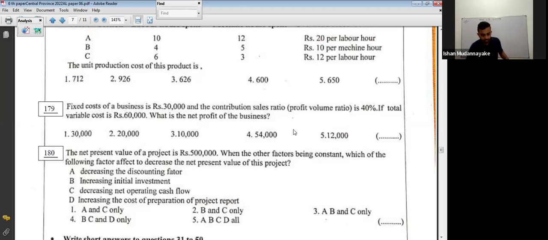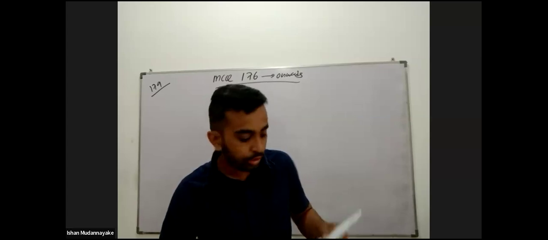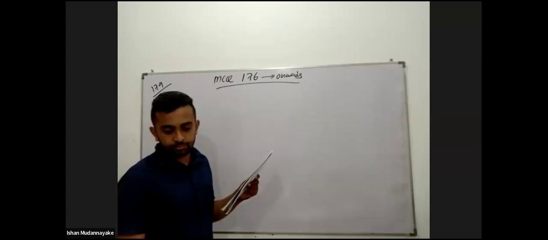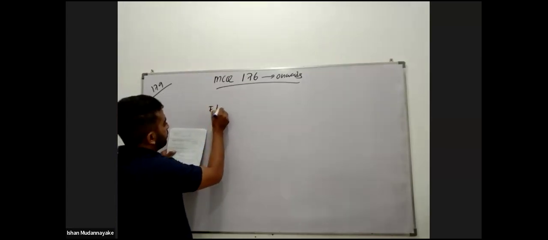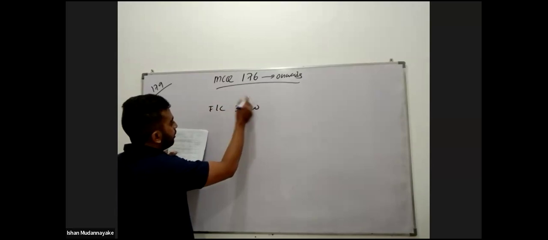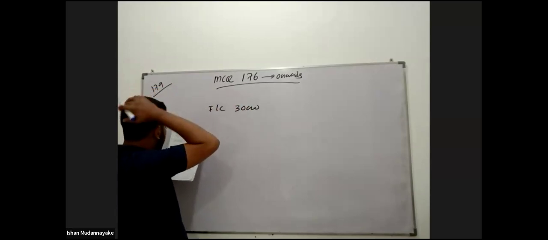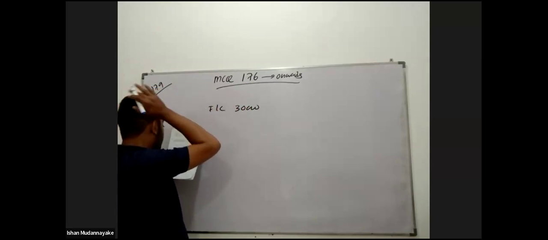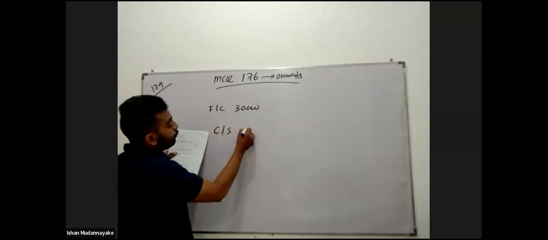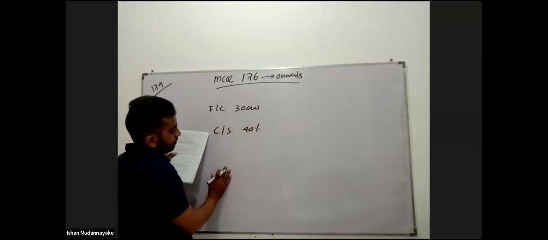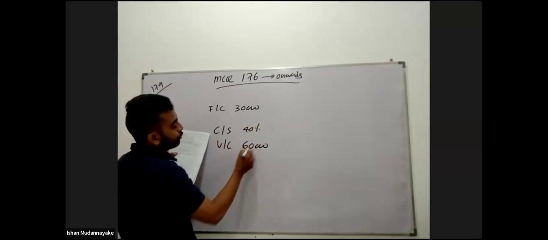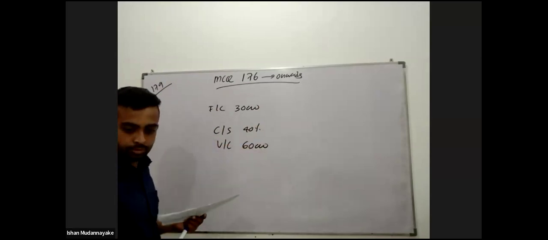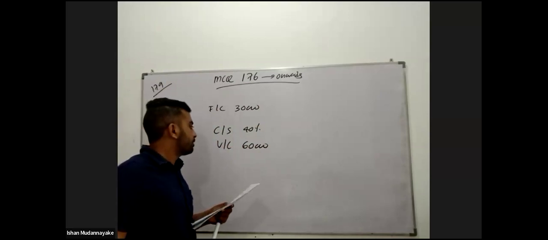Right. In this business, students, total fixed cost 30,000, and the CS ratio 40%. Variable cost is 60,000.